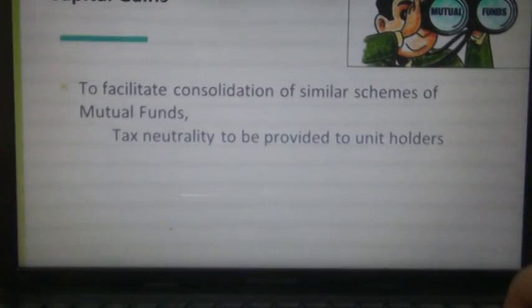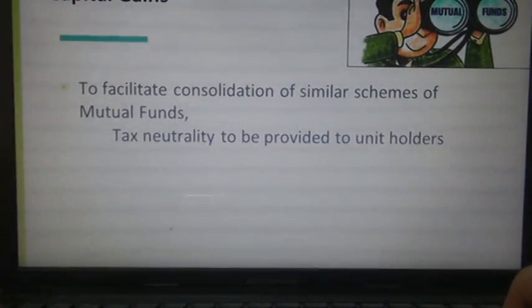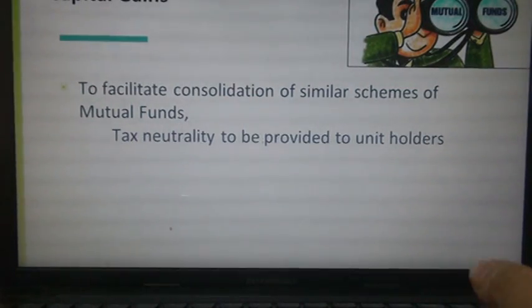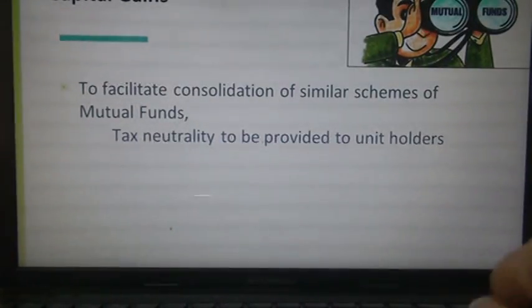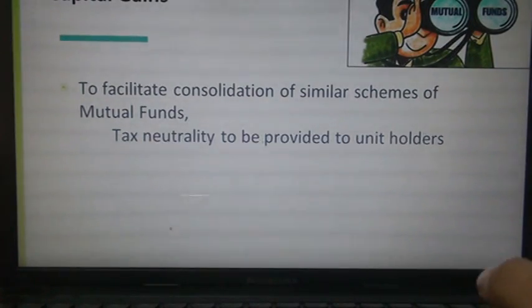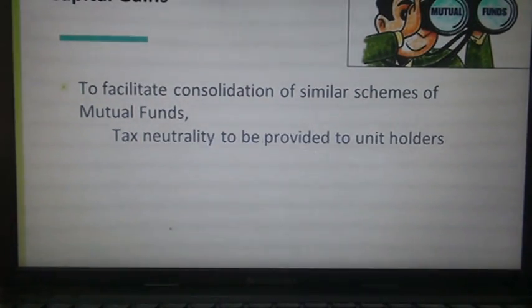There has been relief provided by virtue of this amendment, and it says that there is tax neutrality provided to unit holders. So all those unit holders having certain units of the consolidating fund which have now been transferred to the consolidated fund need not pay capital gains tax on the same.